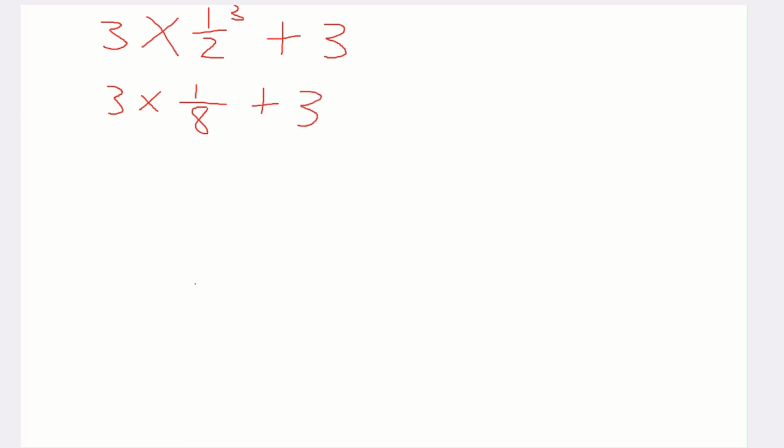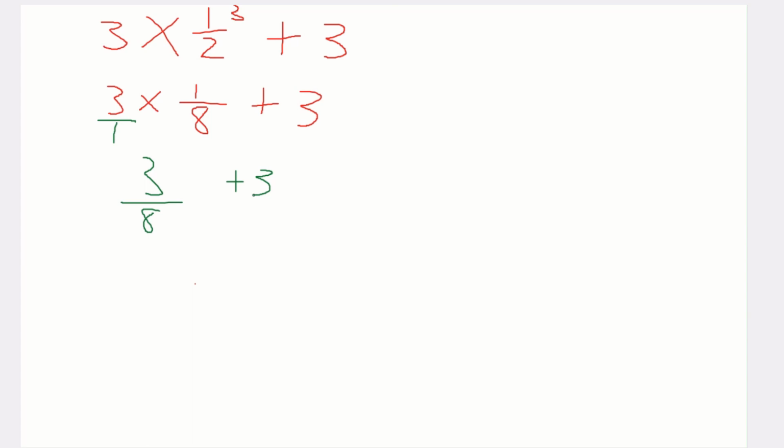Okay, so think about what section of this expression we are going to evaluate next. Just think about it. And of course, we're going to multiply 3 times 1 over 8. So that's 3 over 1. I'm just changing this to a fraction. So 3 times 1 is 3, and that's over 8 plus 3. So now this is what we are left with.